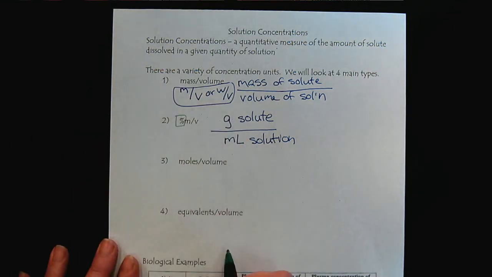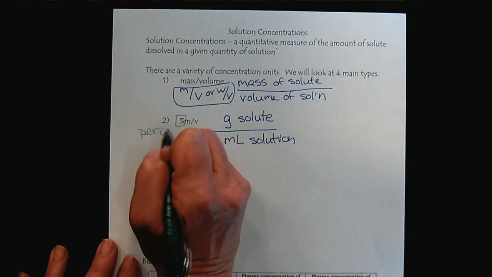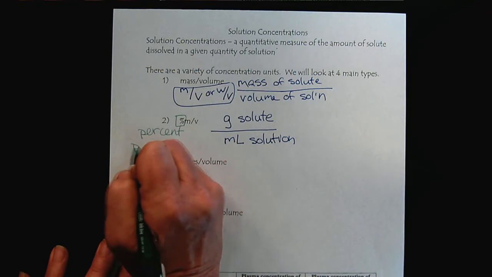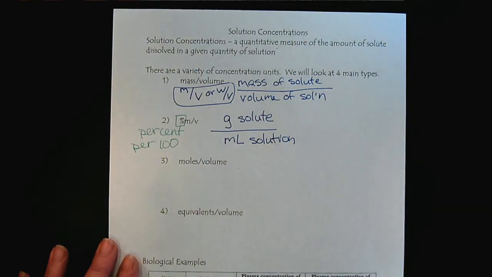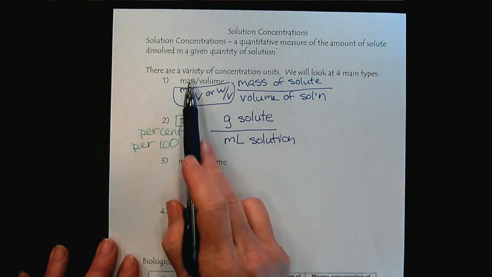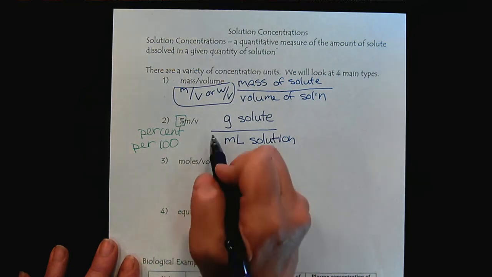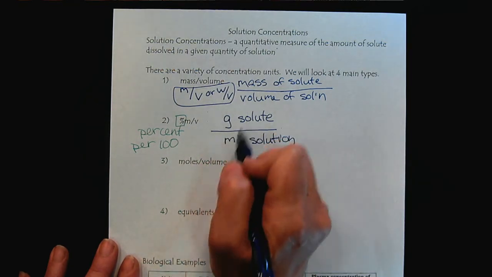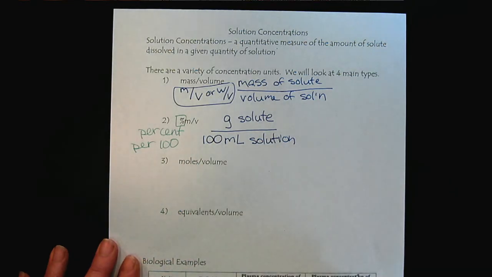And then we need to acknowledge this percent here. So the percent is very literal. Percent means per 100. There's 100 cents in a dollar, 100 years in a century. So the difference between mass over volume and percent mass over volume is that it's grams of solute over 100 milliliters of solution.